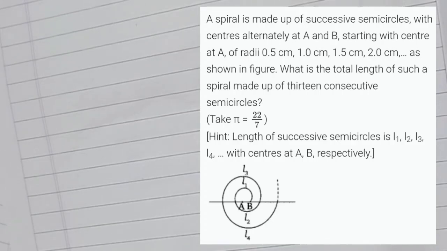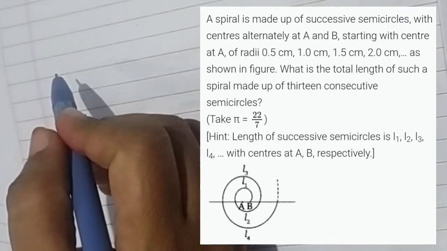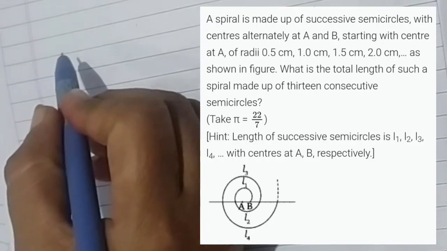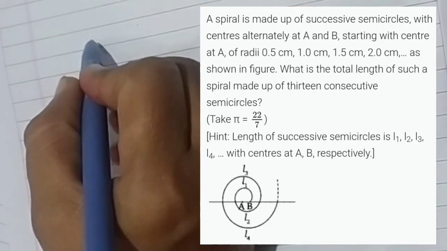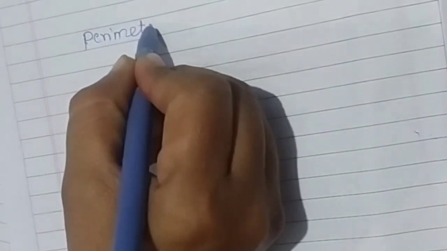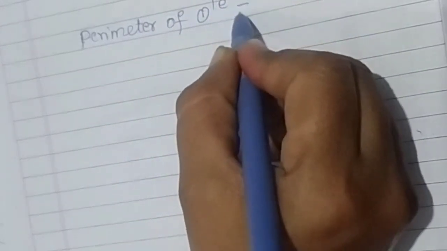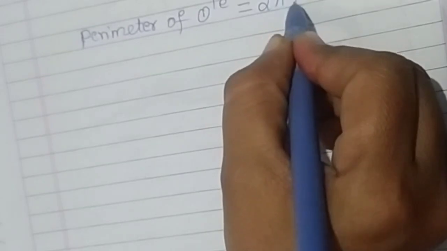So we know that this is a spiral, and it is made up of semicircles. So what is the perimeter of a semicircle? First let us learn the perimeter of a circle. The perimeter of a circle we know is 2 pi r.